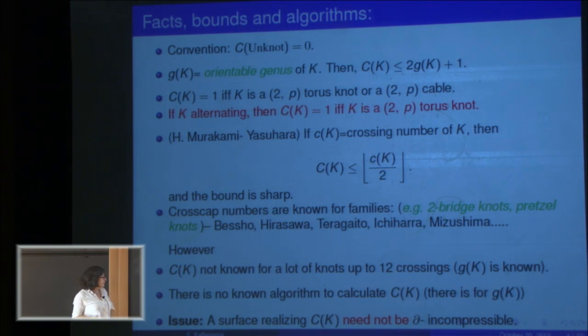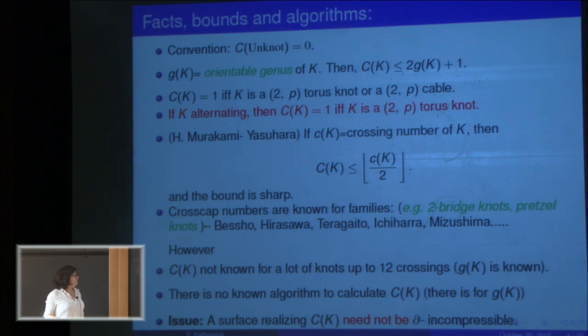Okay, so one issue too is that the surface that realizes the smallest non-oriented genus does not need to be essential, right? So essential, these are non-oriented surfaces, I will say pi1 injective, and you can think of this as doubling the surface and taking the oriented double.